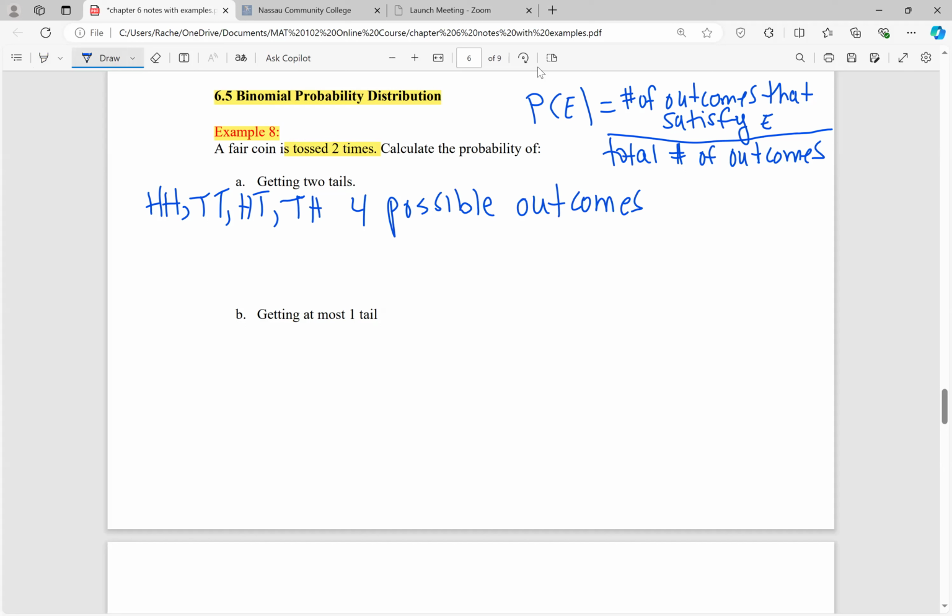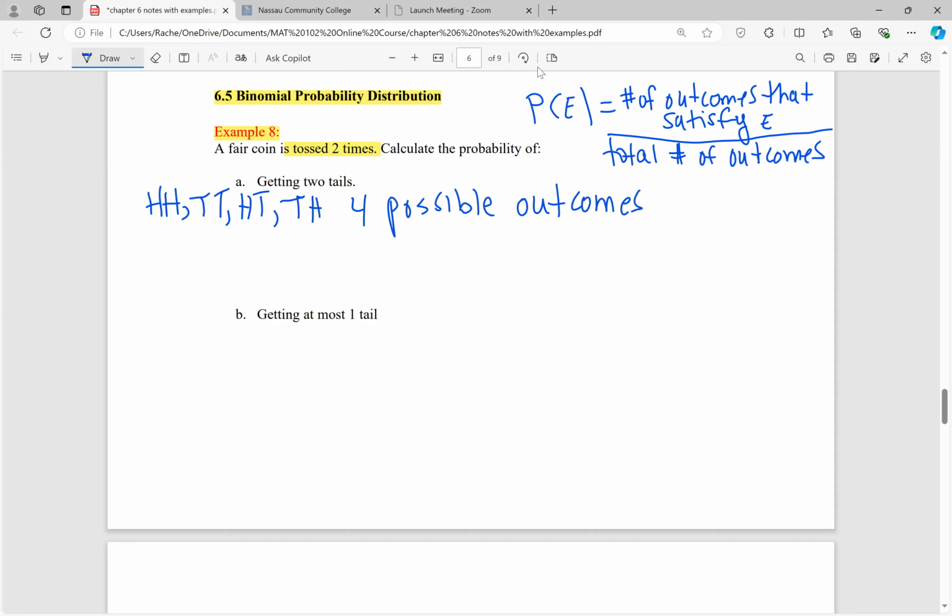So in part A, I want to know the probability of getting 2 tails. We can use our classical probability definition. We divide the number of outcomes that satisfy event E by the total number of outcomes. Let's set up our fraction. It's easy to identify the denominator first because it's the total number of outcomes, which in this case is 4.